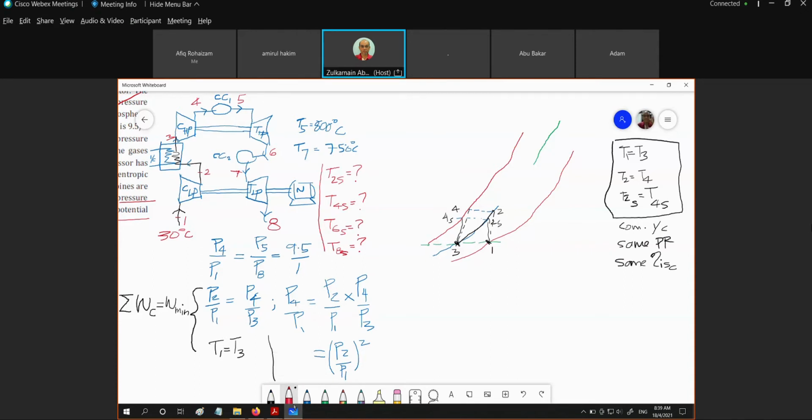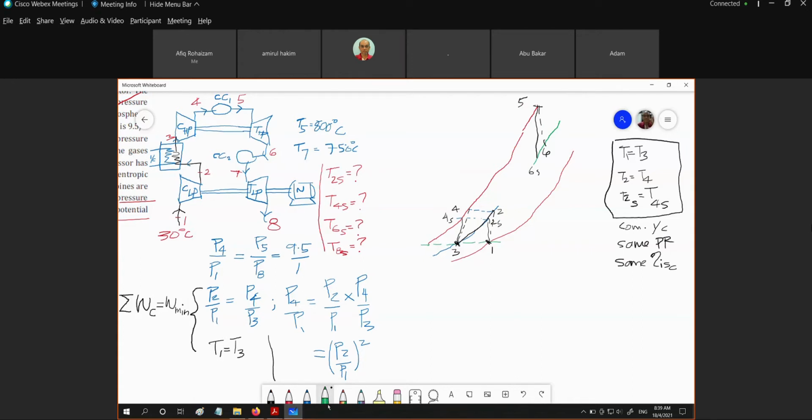And then as for the turbine side, this should be our first expansion process. And the maximum temperature is going to be number 5. So this is 6S, and this is 6.